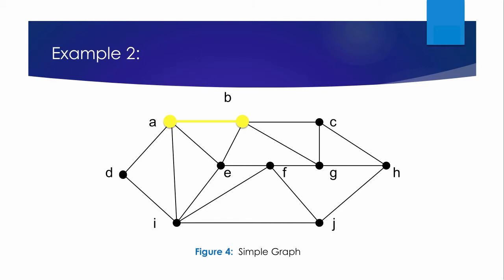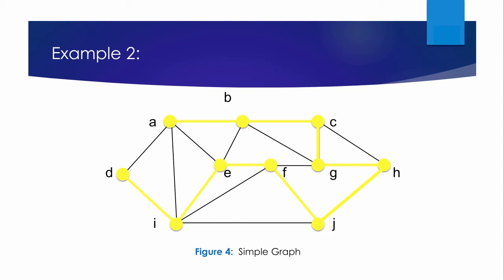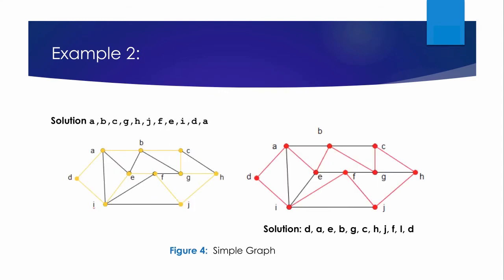So we go from A to B, and then to C, and then to G, and then to H, and then to J, and then to F, and then to E, and then to I, and then we go back to D, and finally we land at A. Now in this figure we have both solutions displayed so you can compare them and understand the difference between the two Hamilton circuits in this graph.